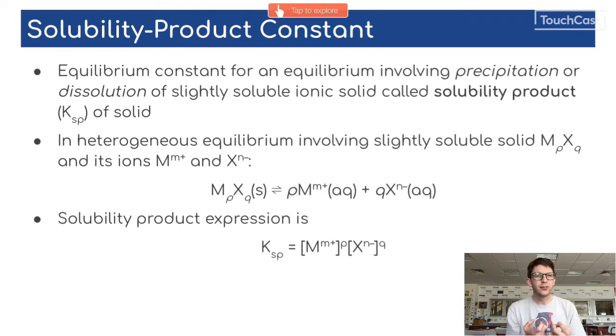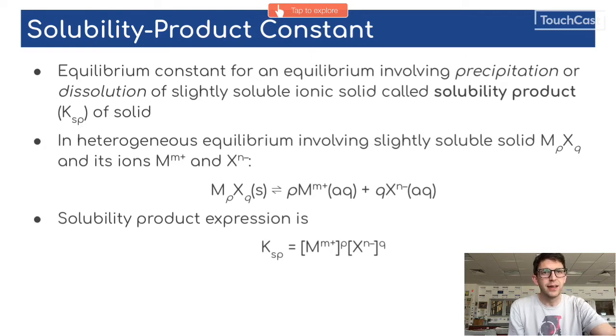But when it's slightly soluble, maybe some of these solid particles will not dissociate and they will stay together. Now, you've seen these equilibrium expressions written before, and the second bullet point just lists another dissociation process. And you can see that here, this is a heterogeneous process. Hetero because all the species in this process are in different phases.